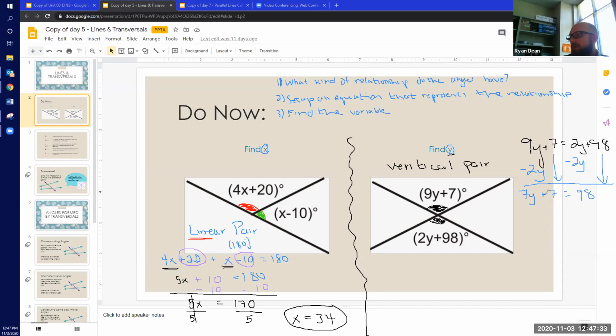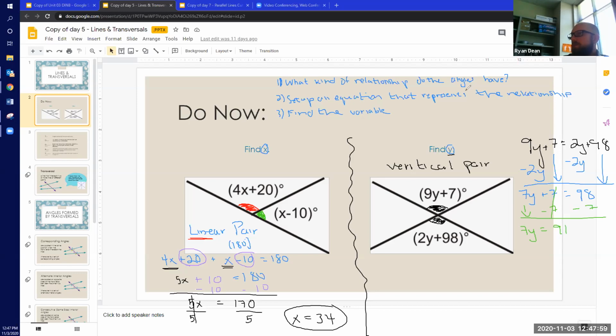Now I have to get rid of the 7. So I want to do the opposite operation here. And the opposite of add is subtract. So I subtract 7 on both sides. The 7y comes down. And I end up with 7y equals 91.